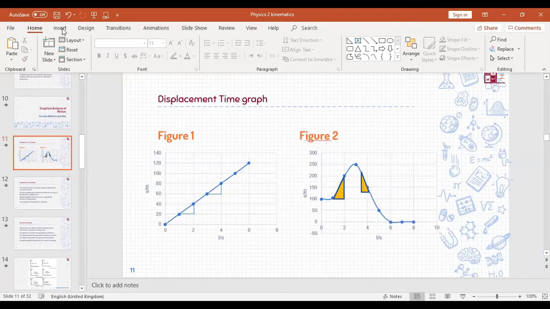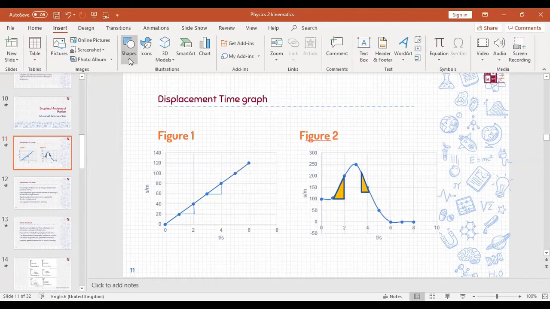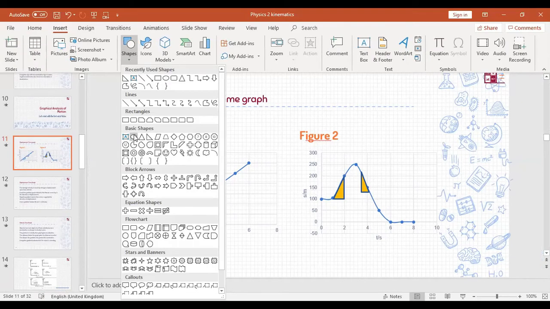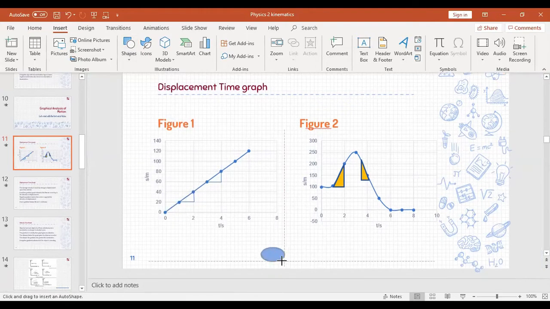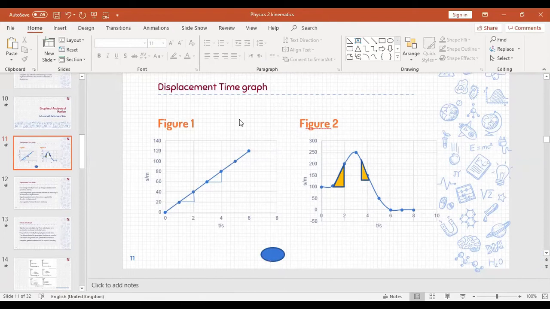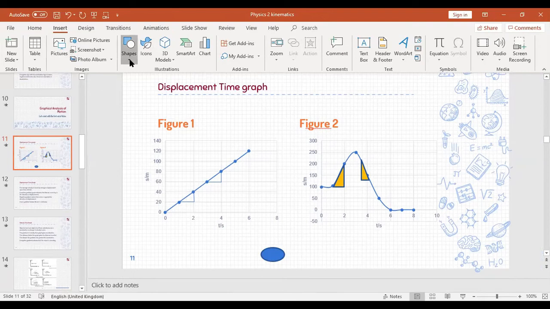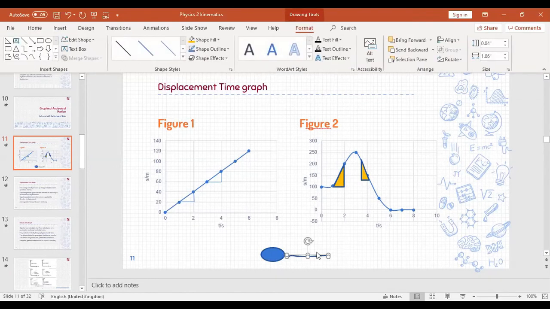So let's say we have a body here. When it's moving away from its starting point, this portion is t1 to t3, because it's moving away from its starting point. It's going in the direction of the displacement.